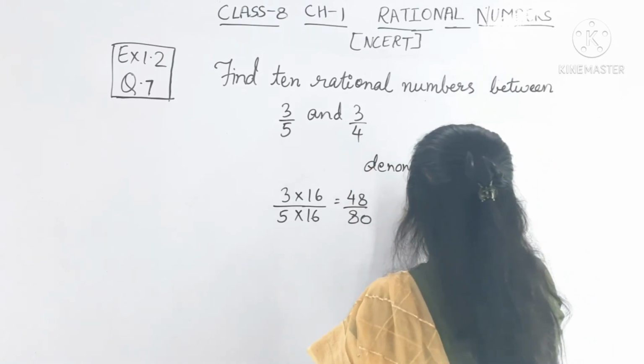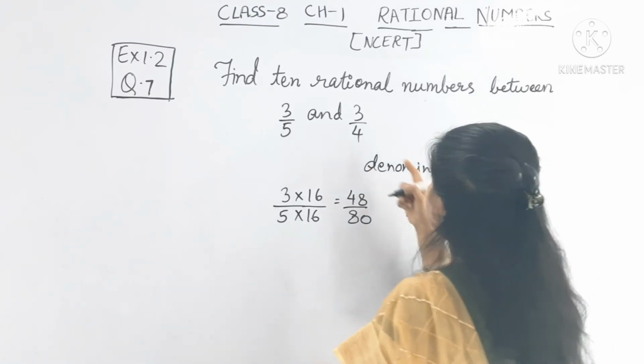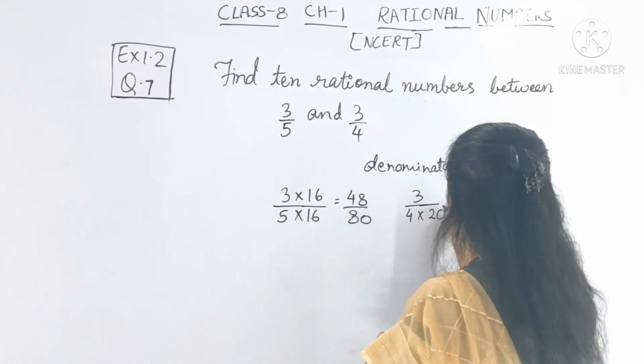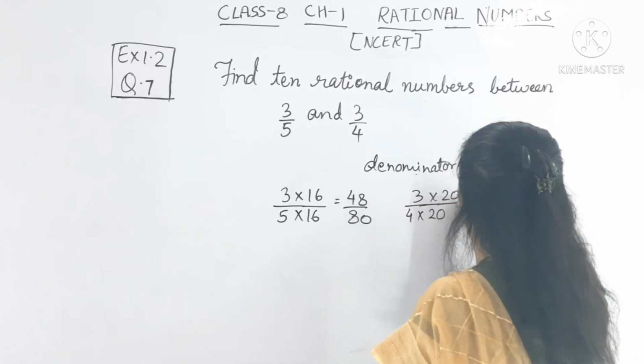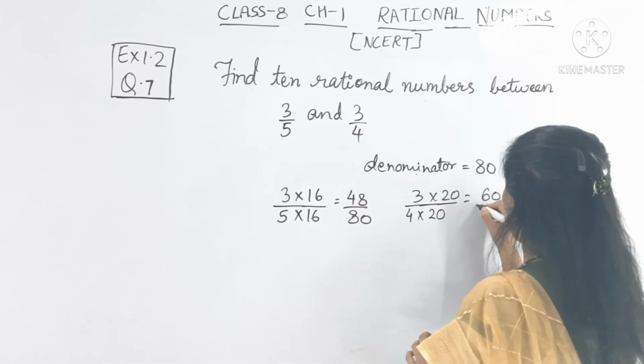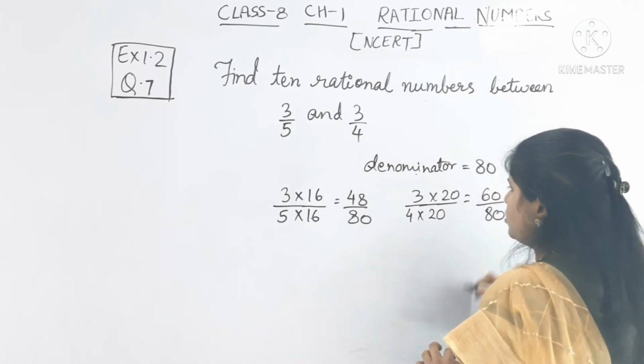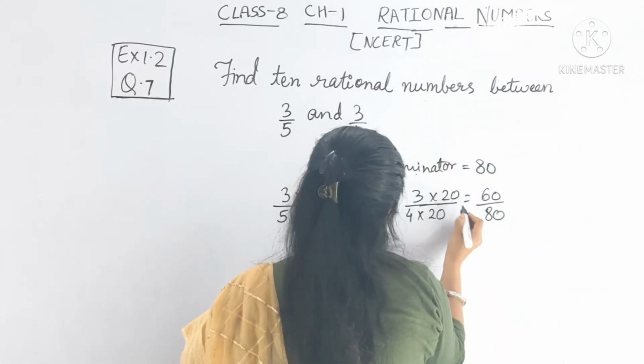Here 3 by 4. If we multiply both numerator and denominator by 20, we get the denominator 80. That is 3 into 20 is 60 and 4 into 20 is 80. So I am getting 60 by 80 here.